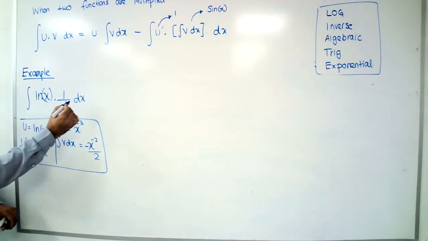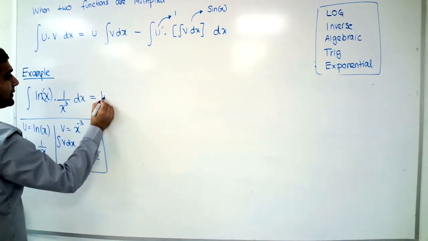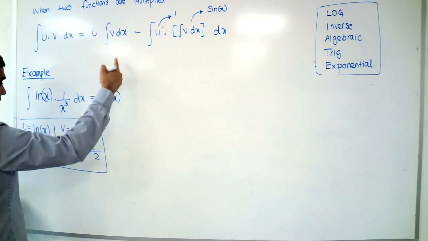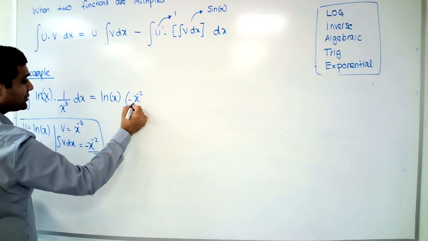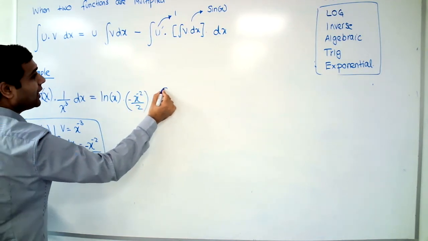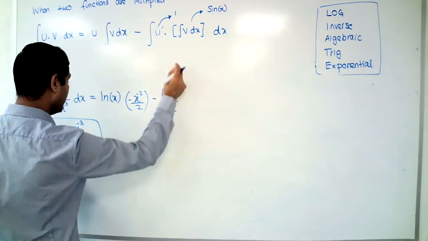Now let's put in this equation. What is u? ln x. What's that bit? Minus x to the minus 2 over 2. We can simplify that later. What's the u dash? 1 over x. What's this bit?